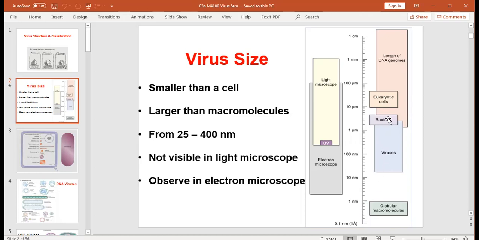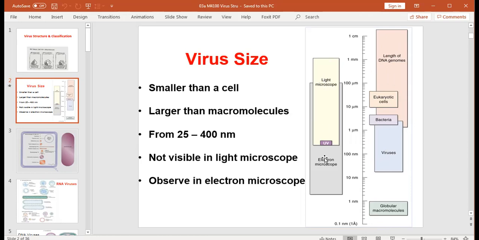Then we have viruses in the range of less than 10 nanometer, greater than 10 nanometer to about 1 micrometer. We have bacteria, eukaryotic cells, and lastly, the length of DNA genomes. So this is just a comparison of the size of the viruses with other structures.